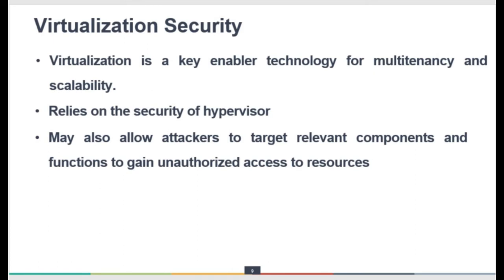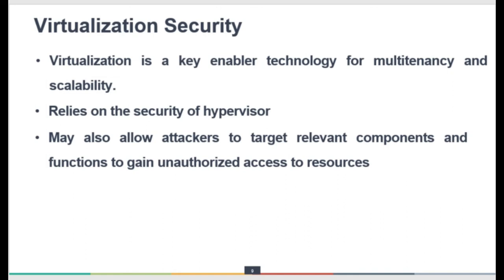Virtualization security. Virtualization is a key target for any attacker when they try to attack the data, when they try to attack the services which are running on the virtualization. So that is the key target for any attacker. Also, the hypervisor is the most vulnerable component in the virtualization, and this is also the boon for the cloud providers, because without the virtualization it is not possible to provide the full-fledged cloud services.